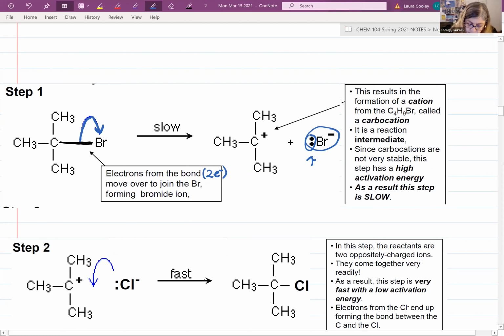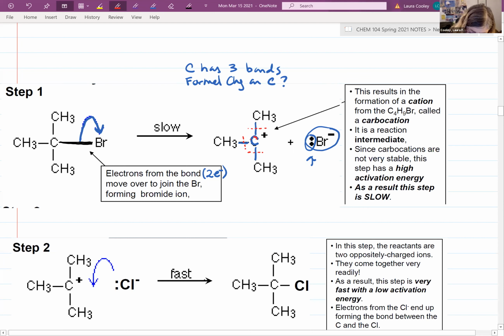So now you notice the carbon here has only 3 bonds. C has 3 bonds. So what is the formal charge on that carbon? Remember, to calculate a formal charge, you divide each bond in half, and 1 electron goes to each atom.